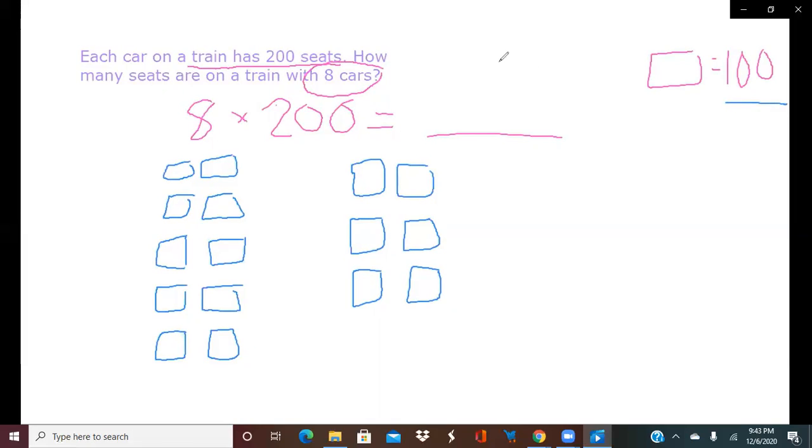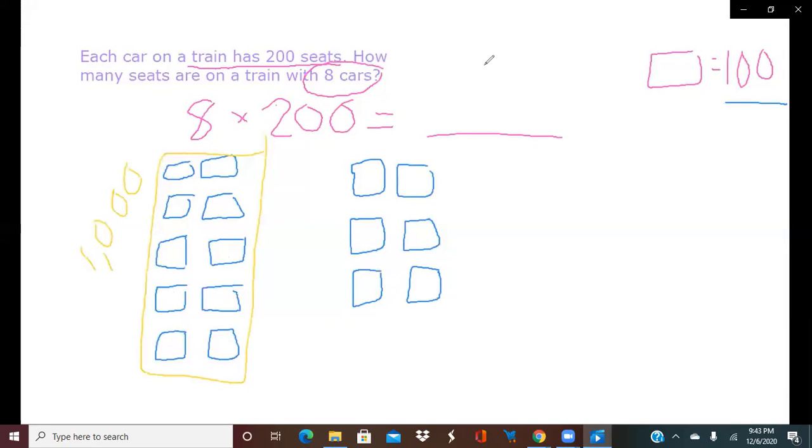Off we go. 100, 200, 300, 400, 500, 600, 700, 800, 900, 1000. So right now we know we have 1000 seats in these 5 train cars.